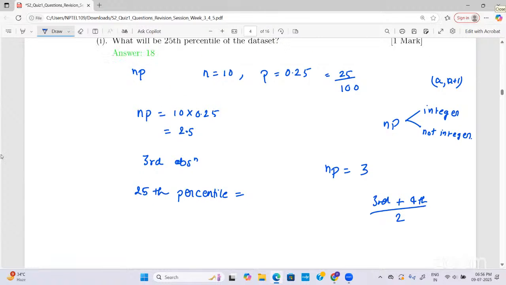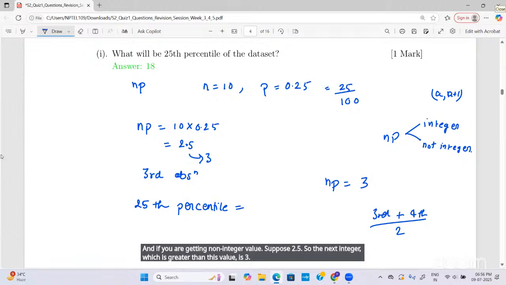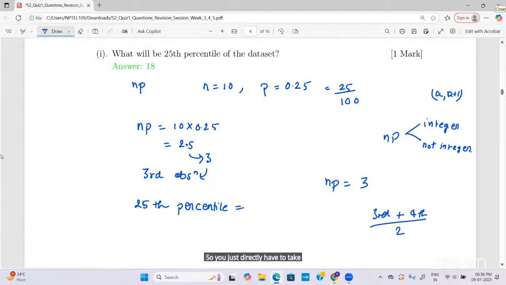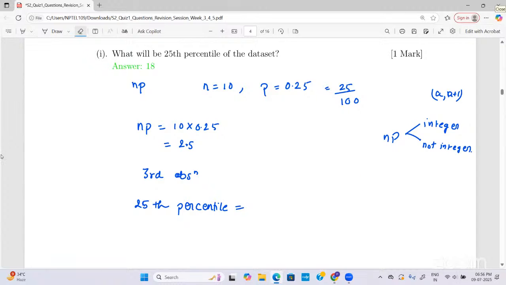And if you are getting a non-integer value, suppose 2.5, the next integer which is greater than this value is 3. So you just directly take the third observation. Okay. In this way, you have to calculate it. So our 25th percentile value is 18.